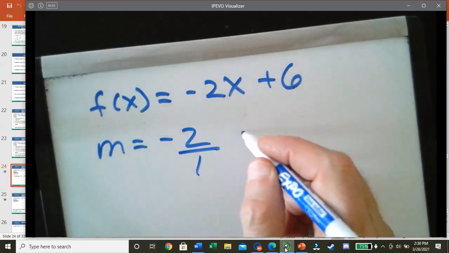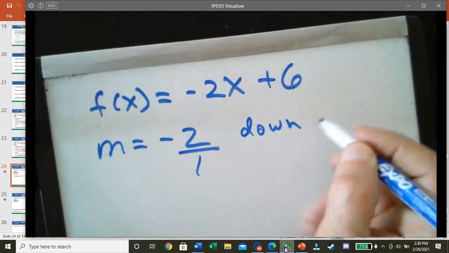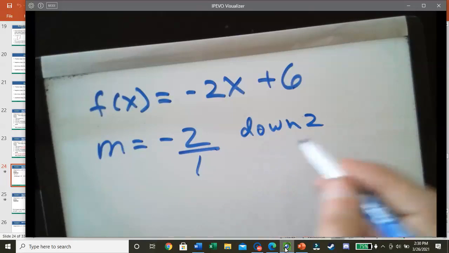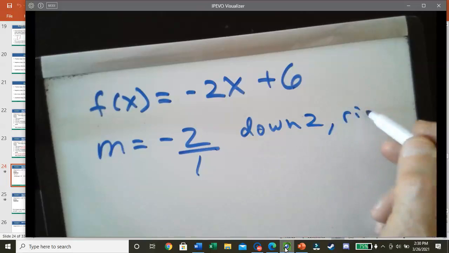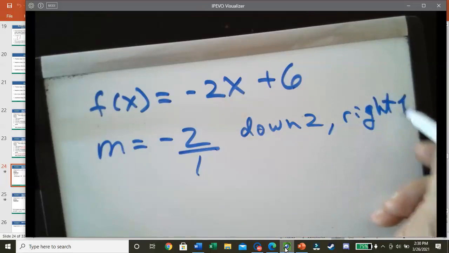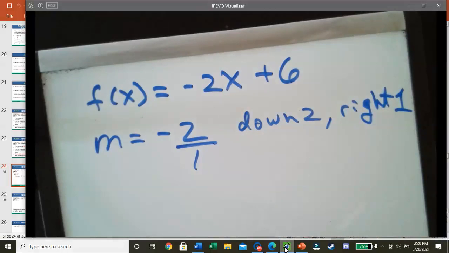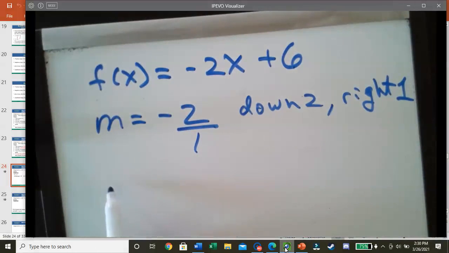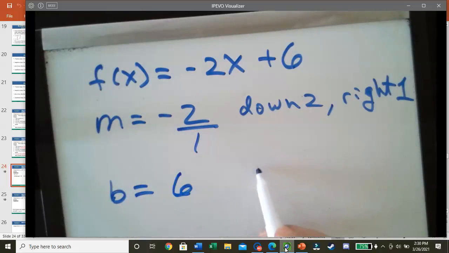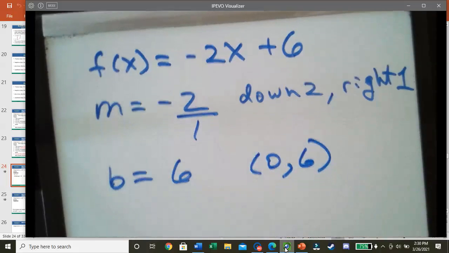We're going to move down 2 and right 1. Our y-intercept is 6, so our y-intercept is at 0, 6.